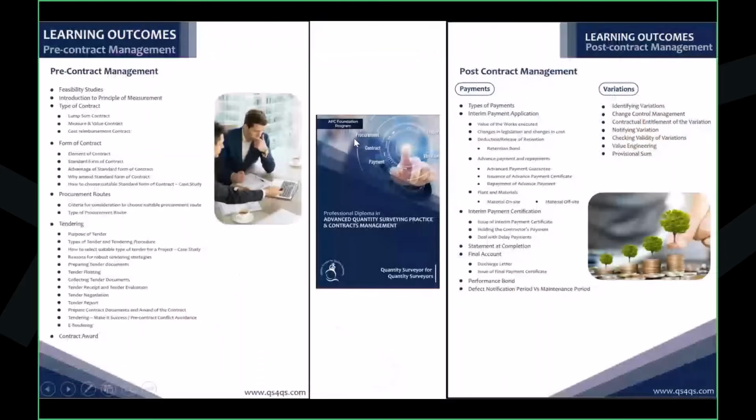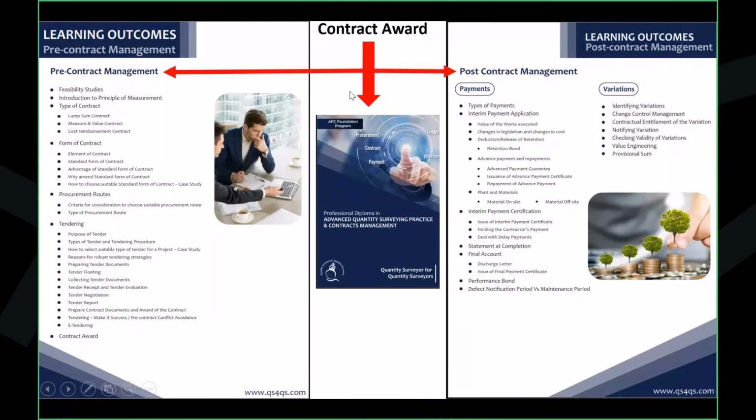Okay. So again, let's go back to the point we have discussed. We have the pre-contract and the post-contract. The contract award is the dividing point of both areas. Now see here, what is the common wording we see? Contract, right? Pre also we have the contract, post also we have the contract. So without knowing what a contract is, can you manage both of them?